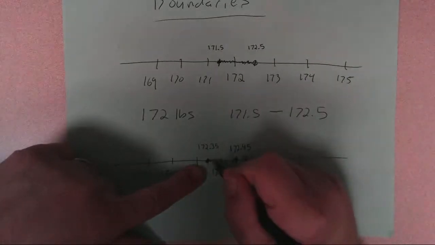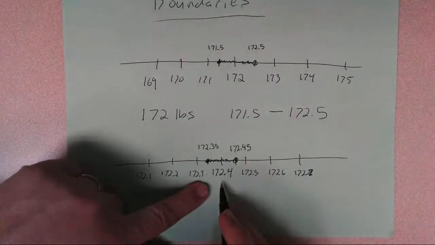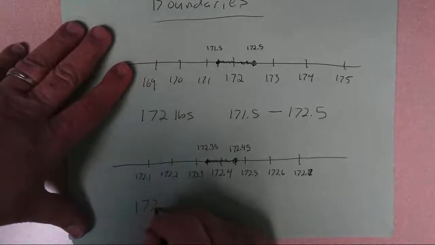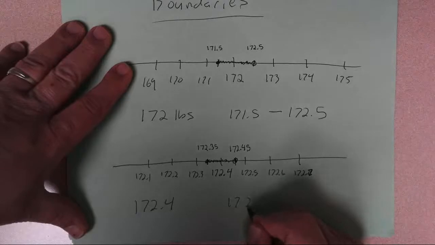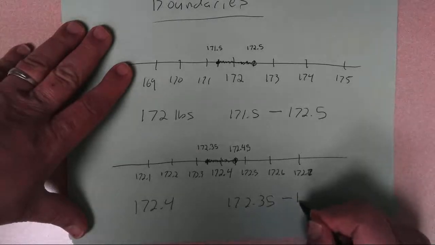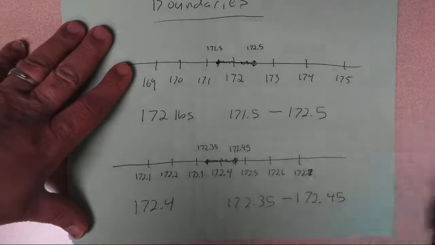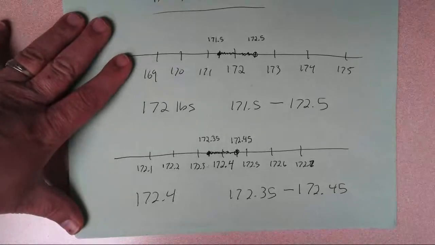And then any number in between here is going to round to 172.4. And so what I would say is the boundaries for this number are 172.35 all the way up to, but not including, 172.45. And so these would be the boundaries to 172.4.